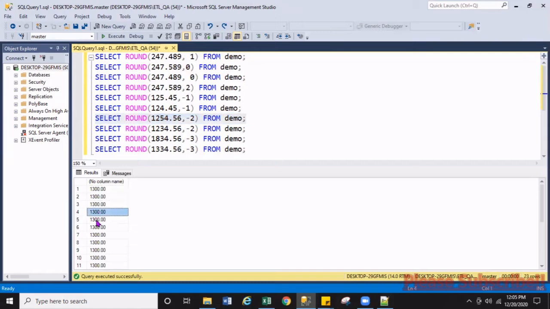See here, 1300, right? Now see another example. The second digit is a 3, and 3 is leading to 0. It's not leading to the 10. So if the 3 is leading to 0, it will round the value. It will round 3, 4. It will make a 0, right? Rounding means where to go and where to round.